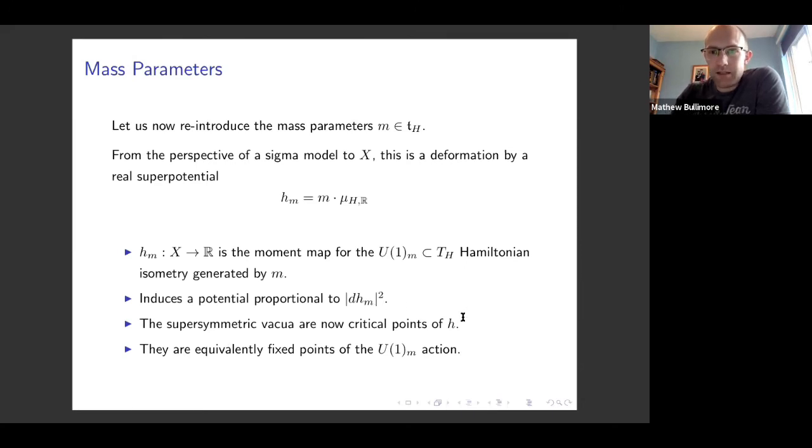Now, precisely because h is the moment map for an action on a Kähler manifold, another way to say exactly the same thing is that these are also the fixed points of the isometry that's generated by the mass parameter. So you can say it in either of those two ways.